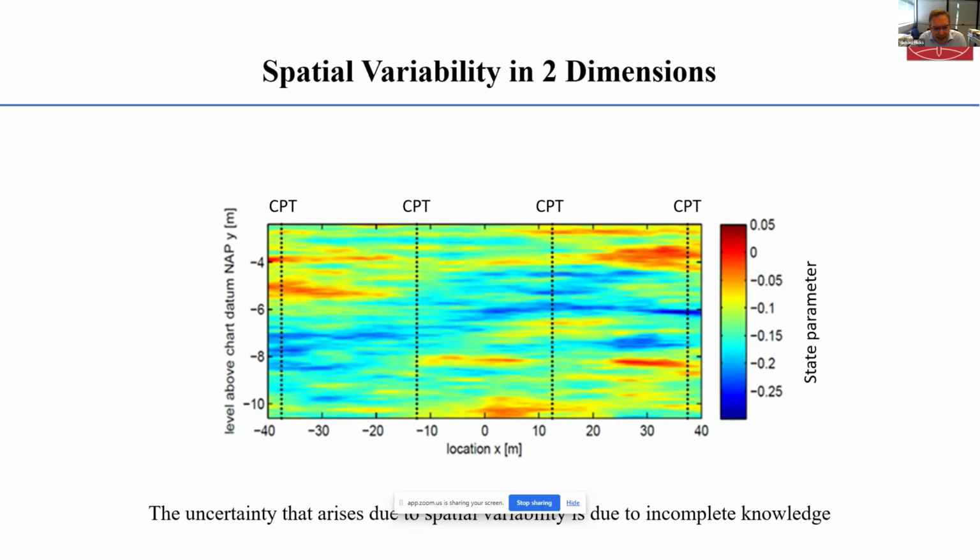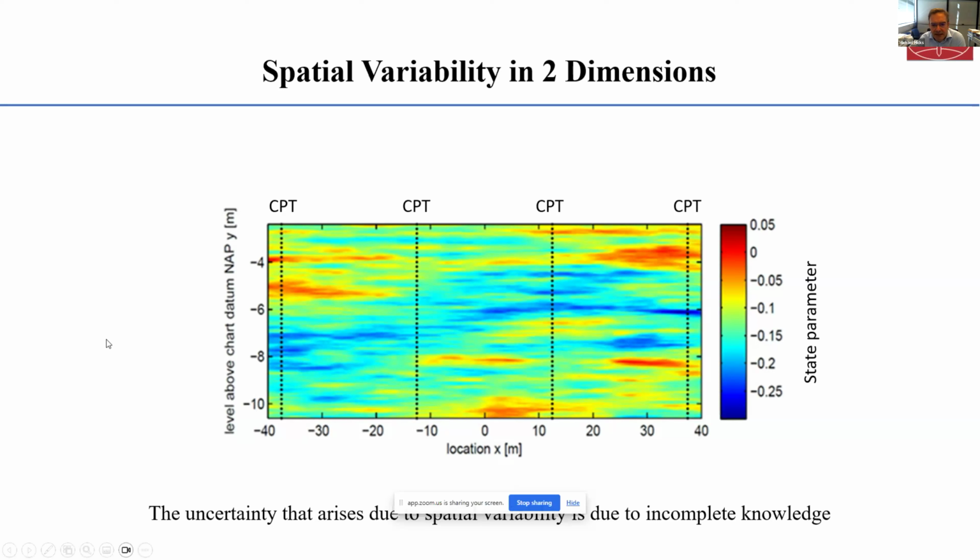So the thing I want to highlight from this picture is that the uncertainty that arises due to spatial variability is due to incomplete knowledge about the site. In this case, we've only got 4 CPTs, and we're uncertain about the spatial variability between the CPTs, and we need to take account of this using probabilistic methods.